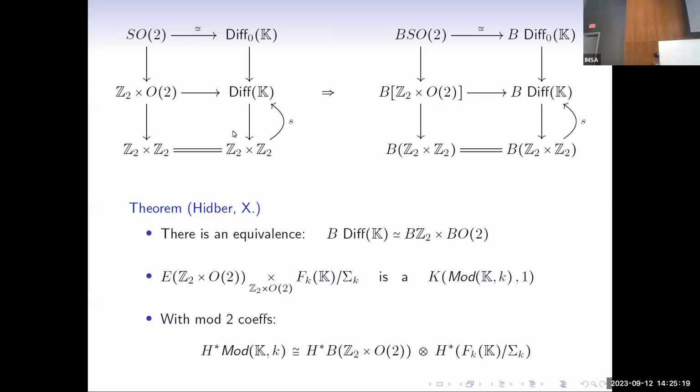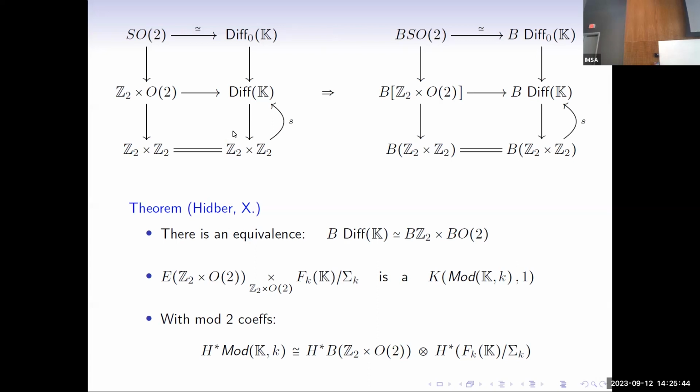So we ended up showing that Diff K, the diffeomorphisms of the Klein model, is of the same homotopy type as C2 cross O2.